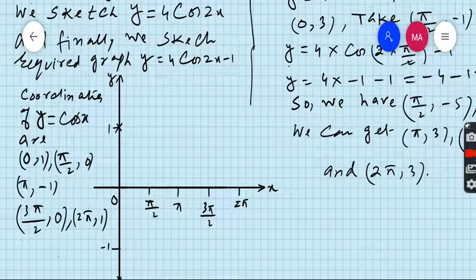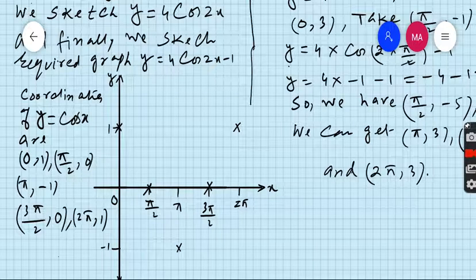When we have 0, the value is 1. When we have pi by 2, the value is 0. When we have pi, the value is minus 1. When we have 3 pi by 2, the value is 0. And when we have 2 pi, the value is 1. If we don't have the x-intercept values, our graph cannot be drawn.